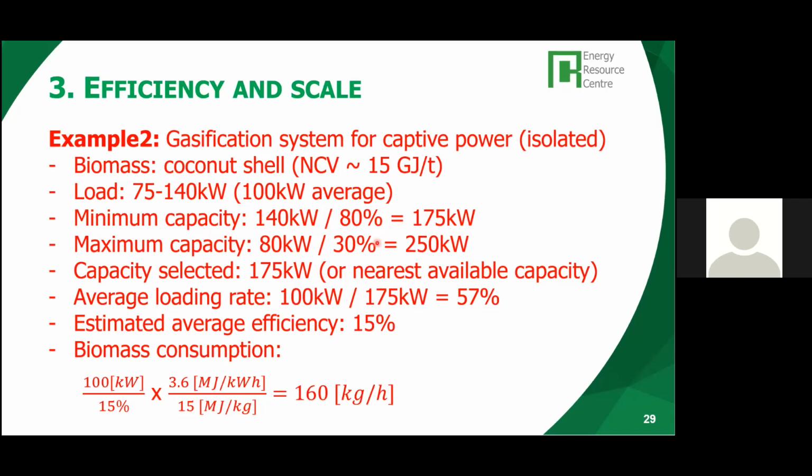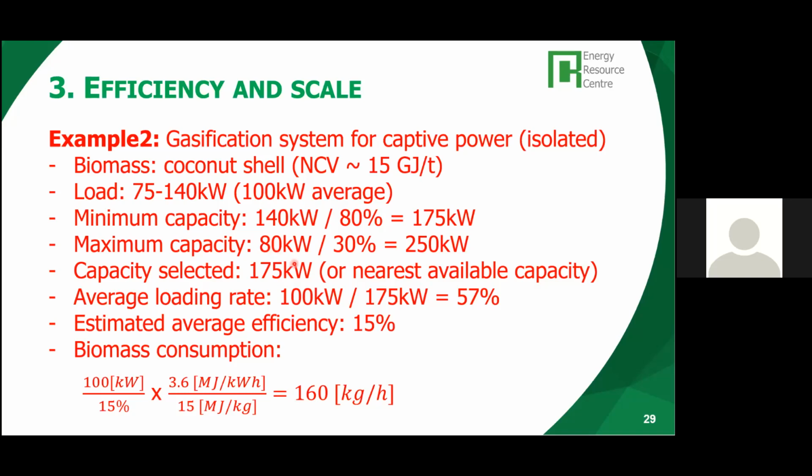If you would say, well, I want to have it running at more than 30% of its capacity, then the minimum load of 75 kilowatts divided by this minimum loading rate gives a maximum capacity of 250 kilowatts, because if you would have it bigger, then the loading rate would drop below 30% in the low demand situation.